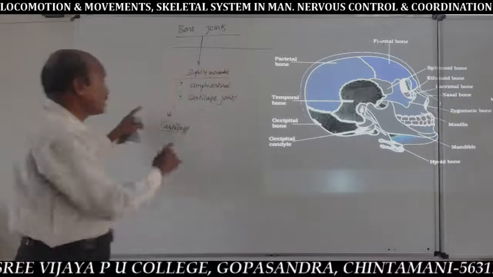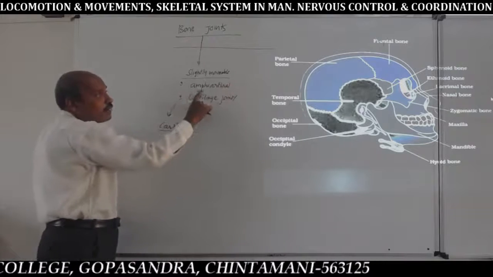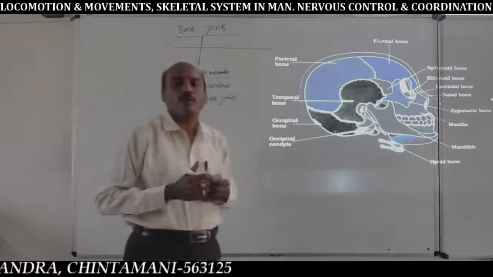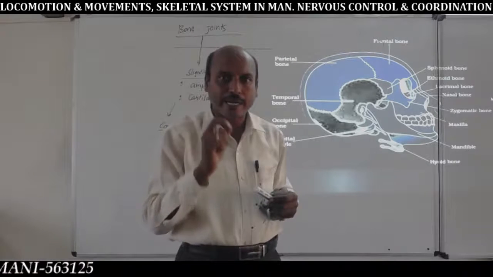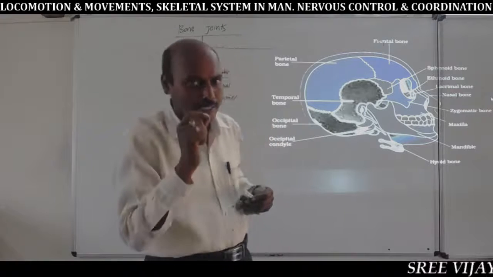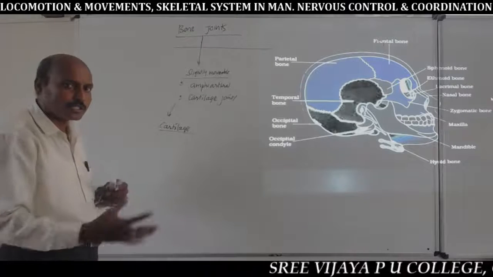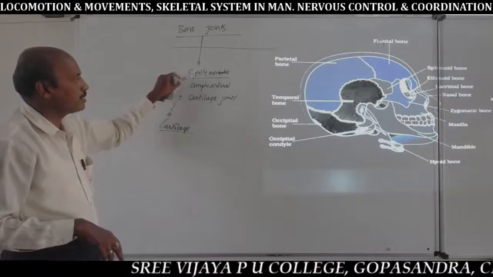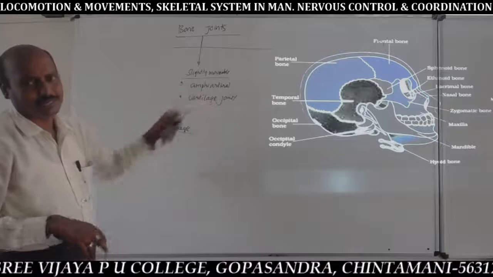That's why they are also called slightly movable joints or amphiarthral joints. You should remember one important concept clearly: the slightly movable joints are made up of hyaline cartilaginous tissue, which is responsible for the slight movement of the bones.